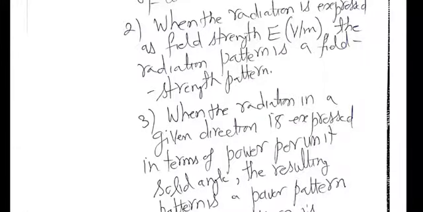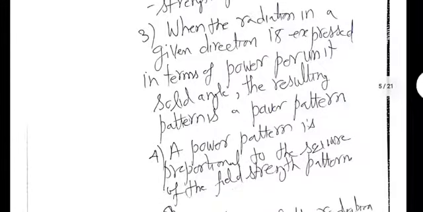So power pattern is something you can probably forget about. Now, power radiated per unit solid angle in a given direction is known as radiation intensity. I'll be talking about it more later.